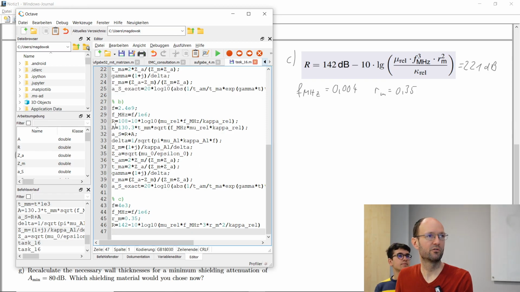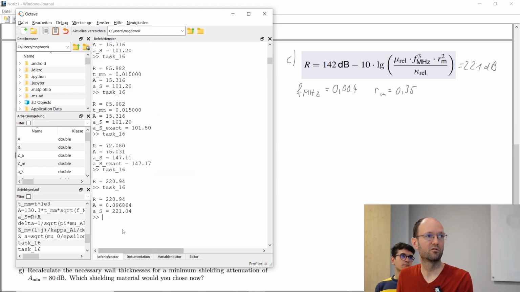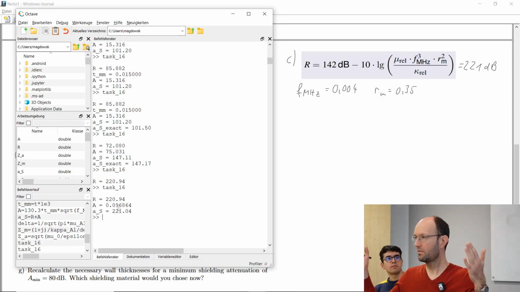Okay, so then I can just copy the formula for the absorption loss, and I can copy also the formula for the total shielding attenuation, and calculate this. So absorption loss now is very, very small because the frequency is small, so the skin depth is getting large.